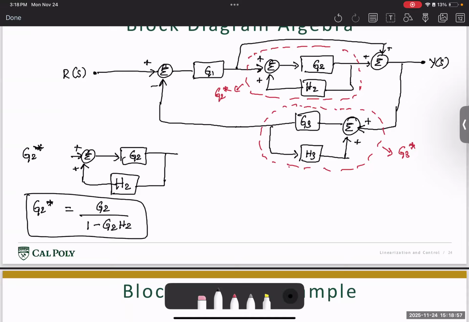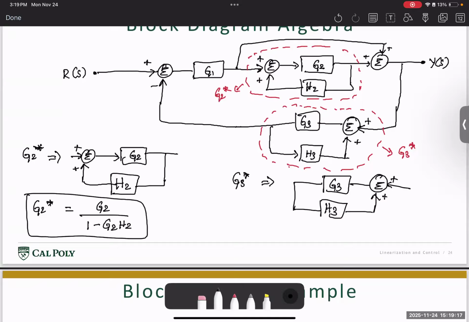And similarly, let's look at G3 star. G3 star is basically this block where we have G3, we have H3, and then we have a summation, we have a plus, plus.